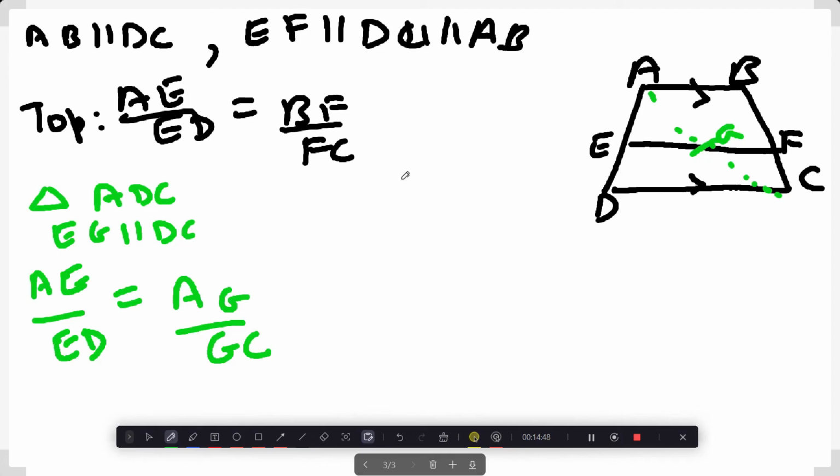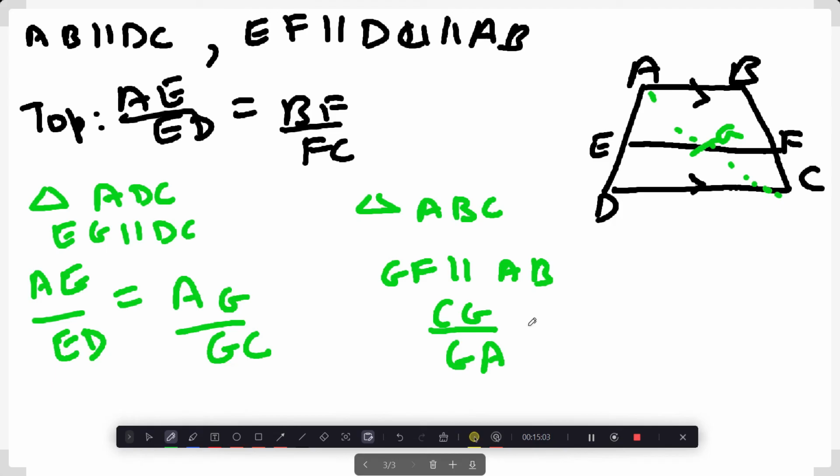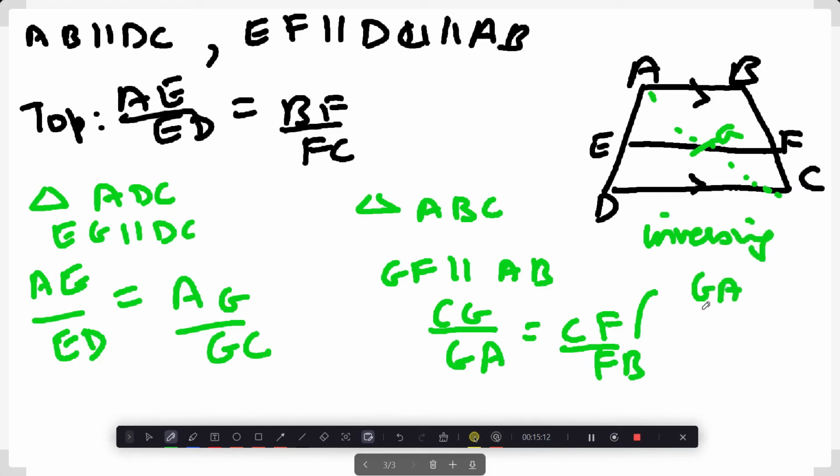Now let's look at another triangle. Let's look at triangle ABC. Here GF is parallel to AB, right? So CG by GA is equal to CF by FB. Now inverting this, GA by CG is equal to FB by FC.